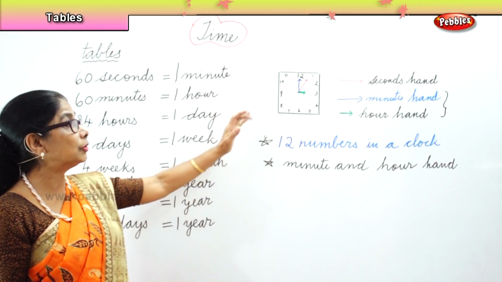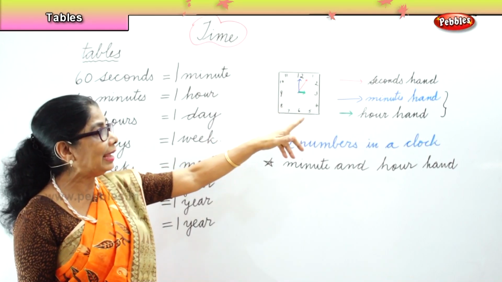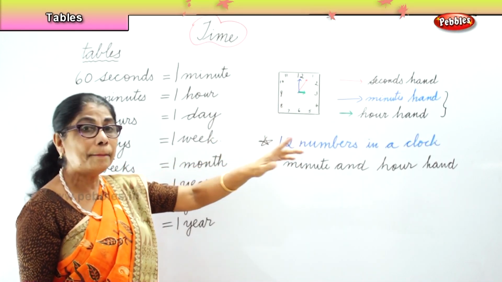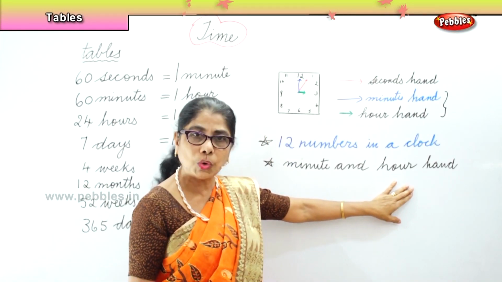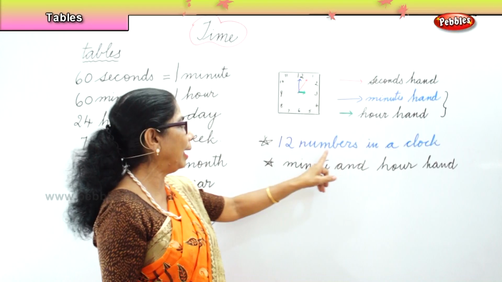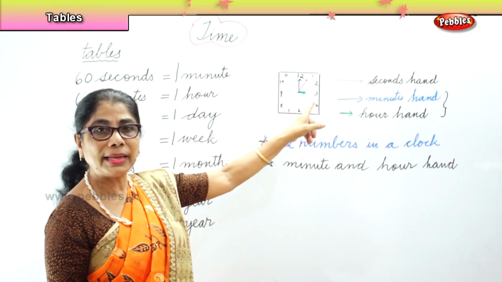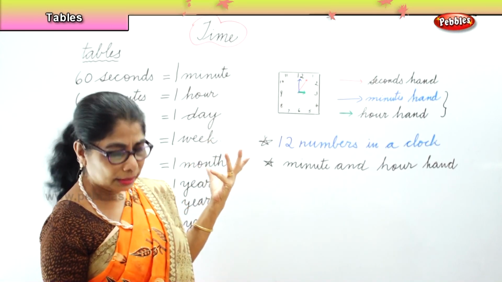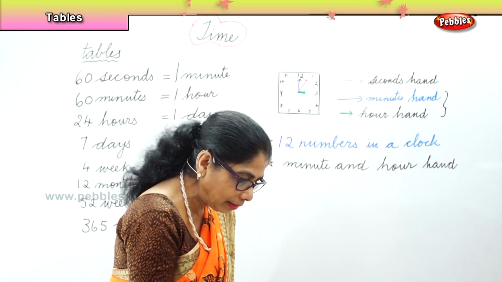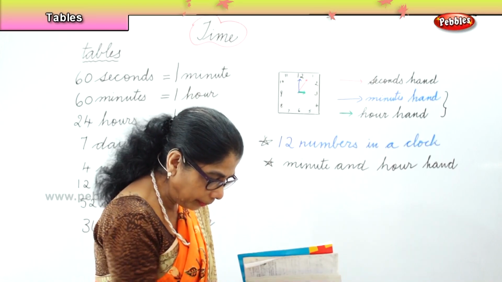Okay? And then we must know the clock hands. There is a second, minute and hour hand. Most clocks have only 2 hands, minute and hour hands. And there are 12 numbers in a clock. A clock can be round, square, rectangular, whatever.